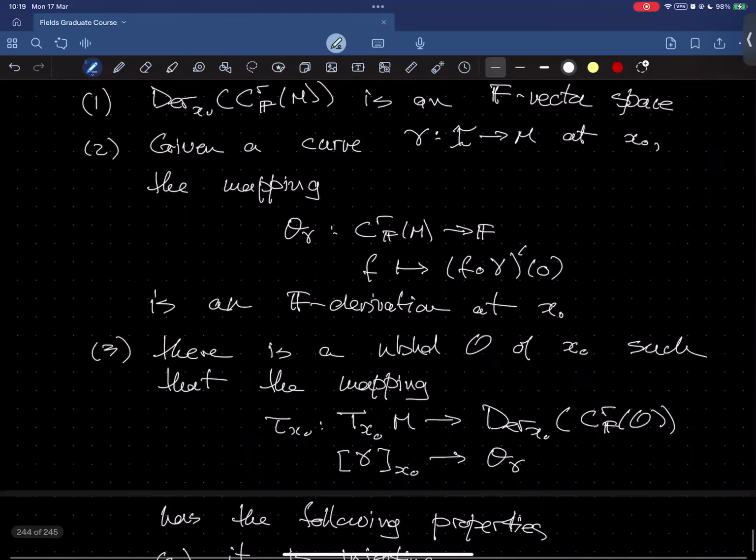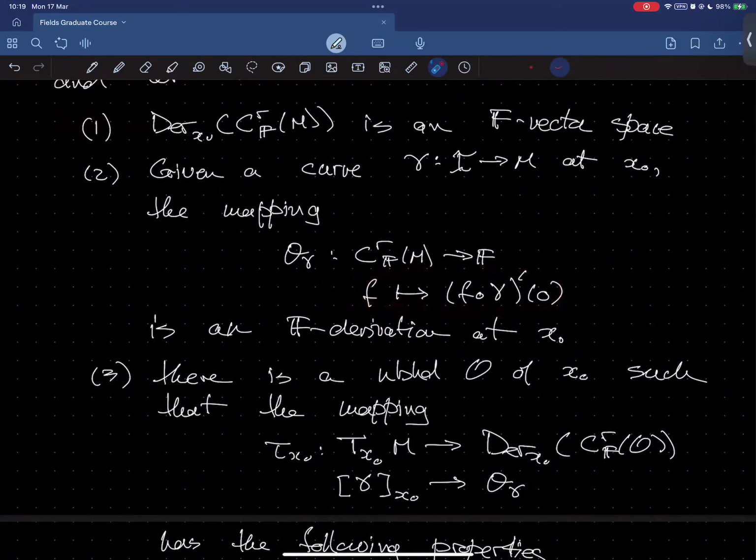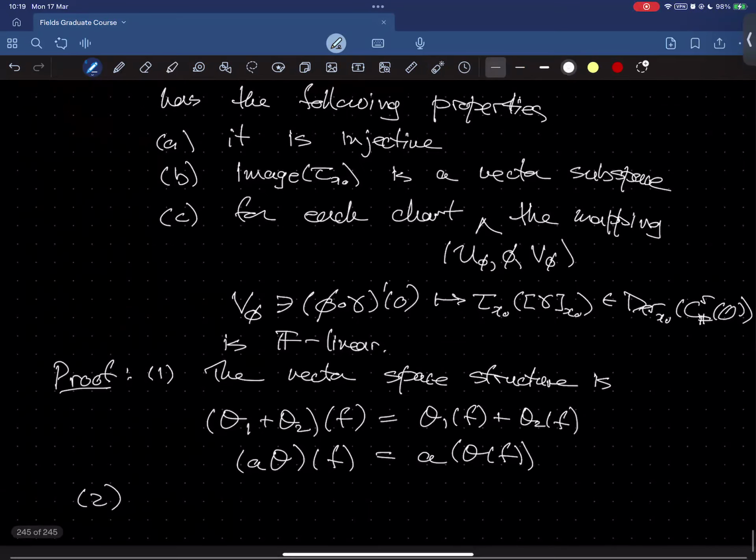Okay, so now let's show that given a curve, this construction here defines a derivation. We're going to do that by working in a chart.